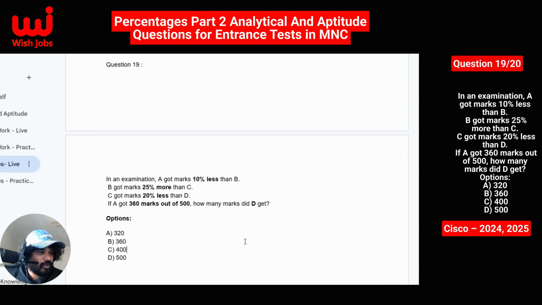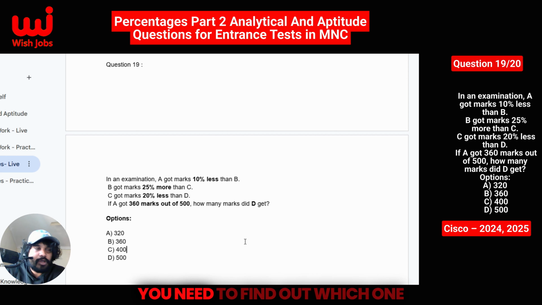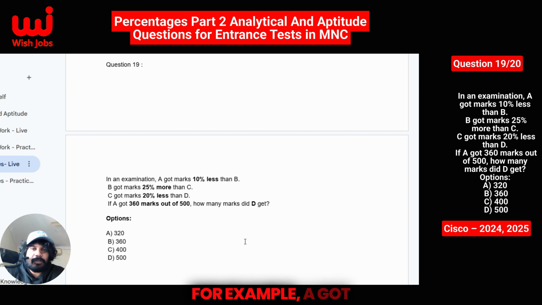In the examination, we have A, B, C, D. Whenever these kinds of questions come, you need to find out which one doesn't have any other link. A got 10% less than B, B got 25% more than C, and C got 20% less than D. So D is the one which doesn't have any other link. So first we'll take D as 100. That is how you need to solve.